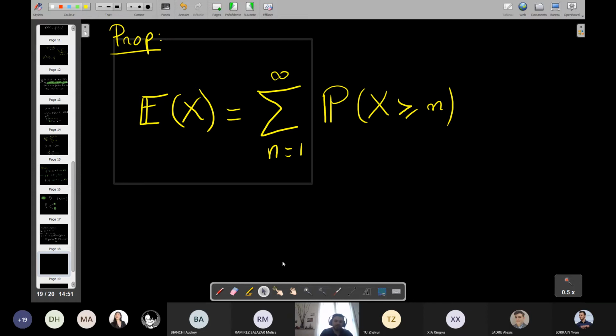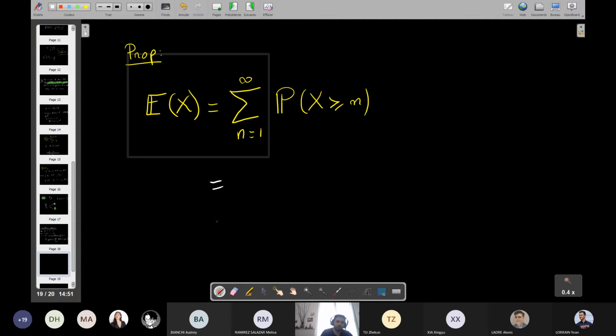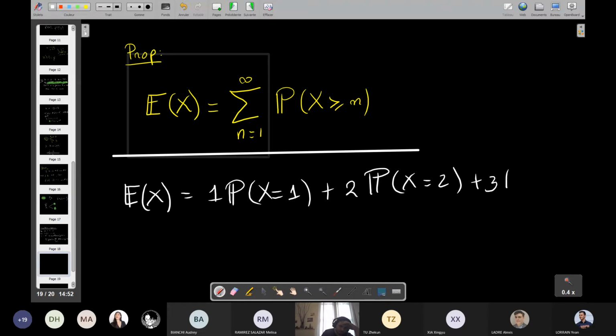Why? Well, it's very easy to prove. By definition, the expectation of X is just 1 times the probability that X is equal to 1, plus 2 times the probability that X equals 2, plus 3 times the probability that X equals 3, plus etc. That's the definition we saw just now.